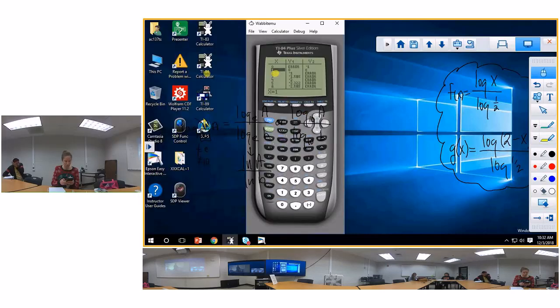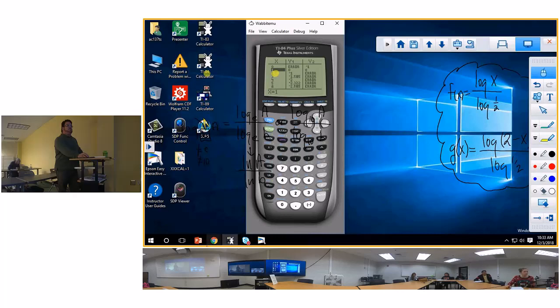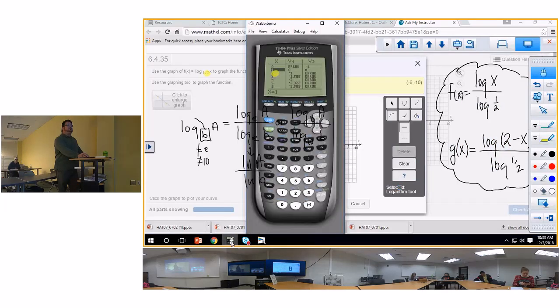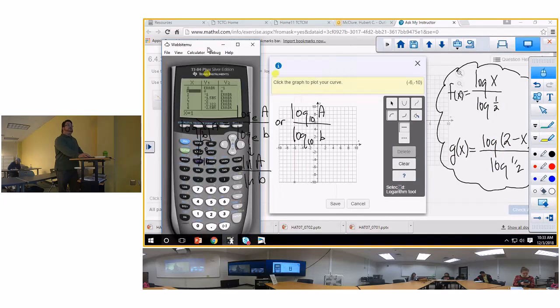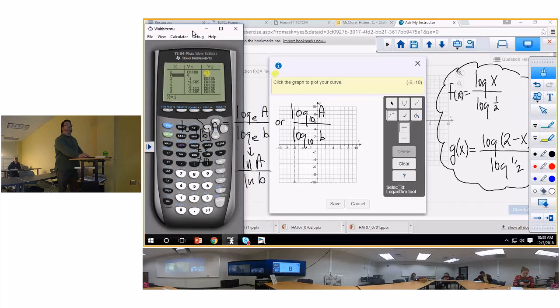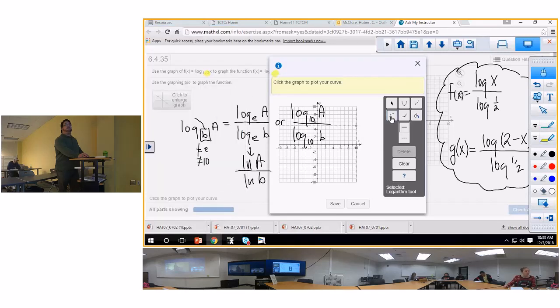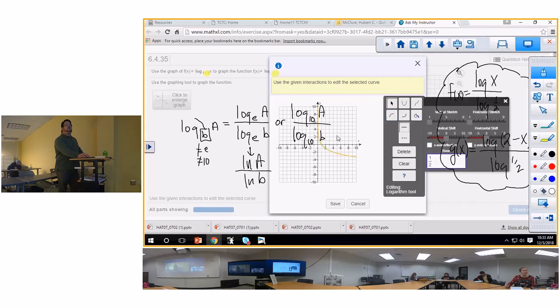I'm trying to figure out how to work both of these. All right, so the first one is going to be at 1 and 0, and I'm going to click logarithmic. 1 and 0 right there.